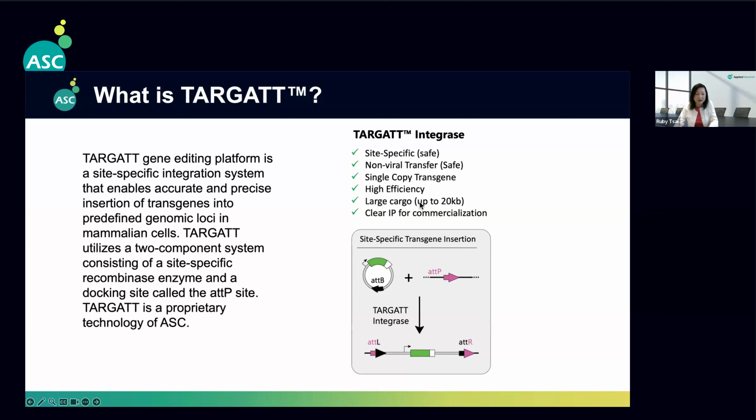It's really the limit of how big a fragment we can actually clone into a plasmid. And publications have shown that integrase can insert large fragments like BAC DNA, which is about 100 kb in size. And then we have very clear IP and licensing terms for commercialization.